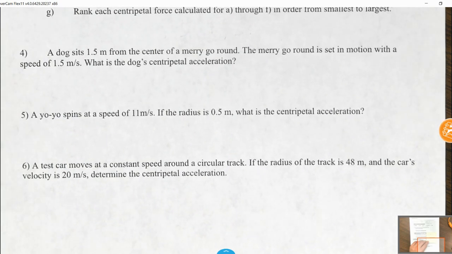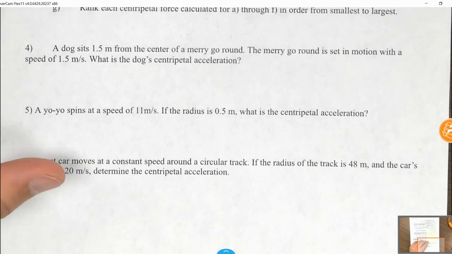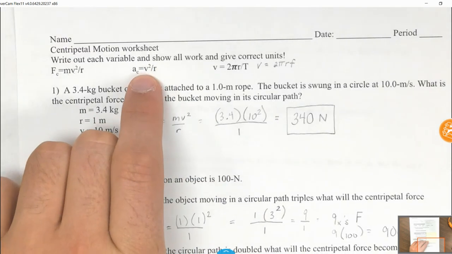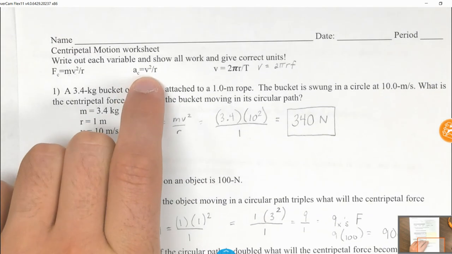Number 4, 5, and 6 want you to solve for centripetal acceleration. So that equation is on the front of your worksheet, which is v squared over r.